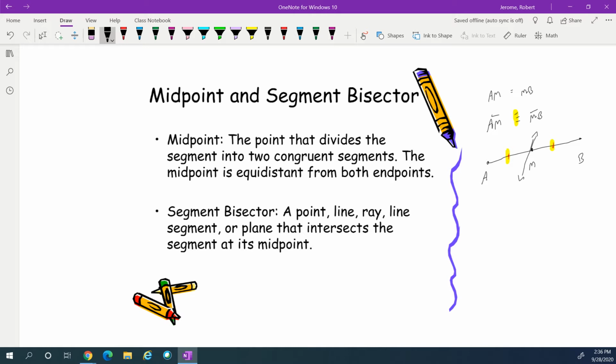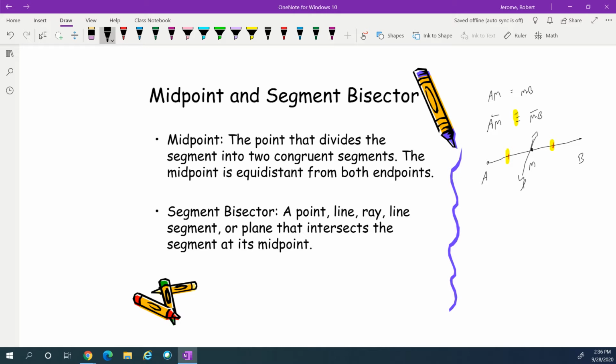The segment bisector is, in this example, the line going through AB. AB got bisected. So some simple terminology, but some important terminology. The bisector is the thing cutting the other thing in half. So in this case, we might say, I'll just put an L, line L is the segment bisector.